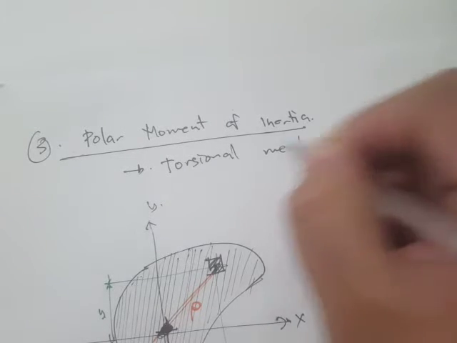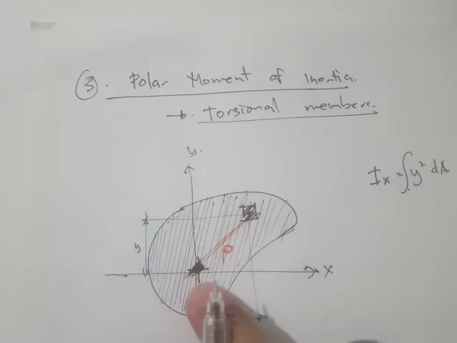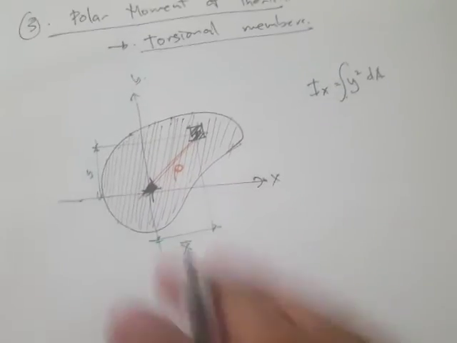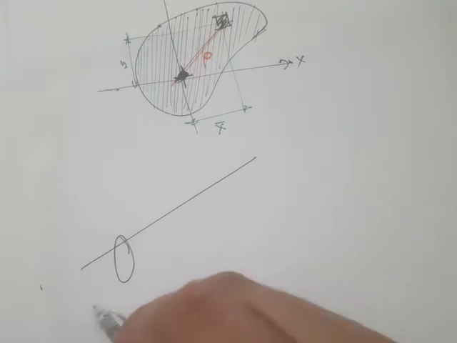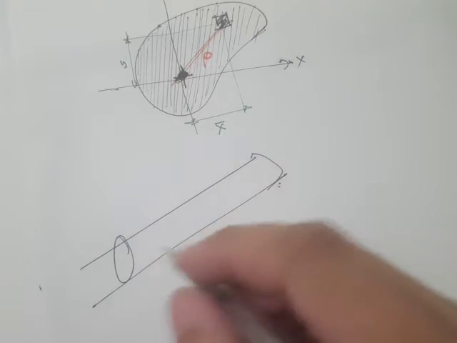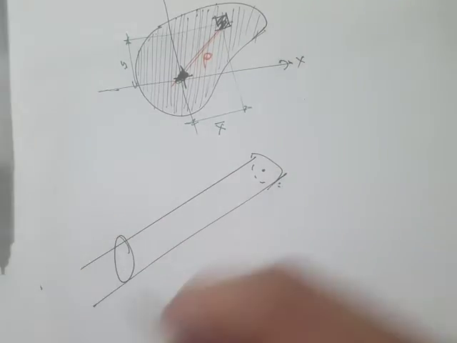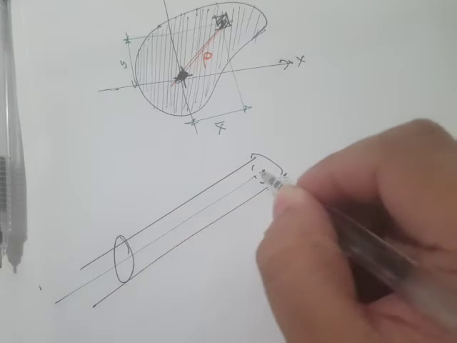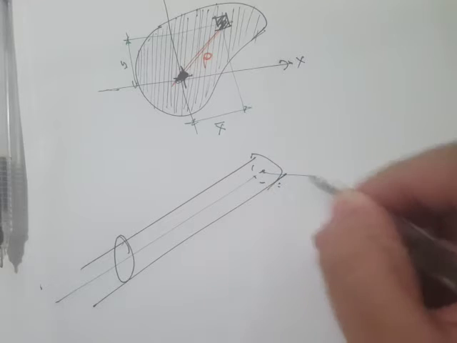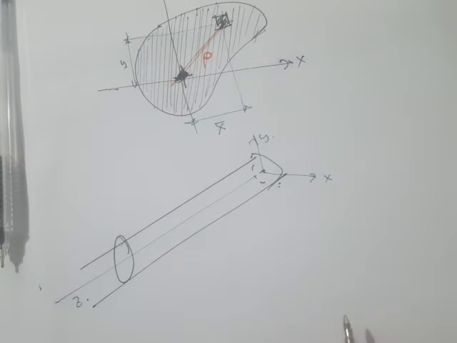Recall that torsional members are simply members in moment, except that the axis of rotation is along the longitudinal axis. For example, I have here a shaft, and let's say this is our cross-sectional area. So this will be our x, this is our y, and this is our z.